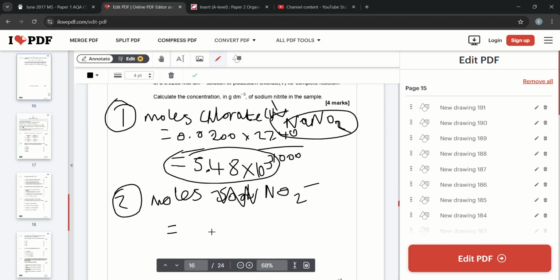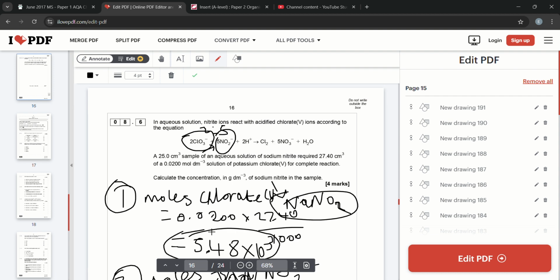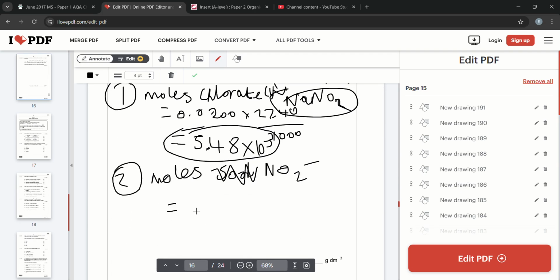So 5.48 times 10 to the power minus 3. Just do it one step at a time. Don't do divide by 2 times by 5 at the same time. So divide by 2, then times by 5 in your calculator, equals, and you get the moles as 0.0137.